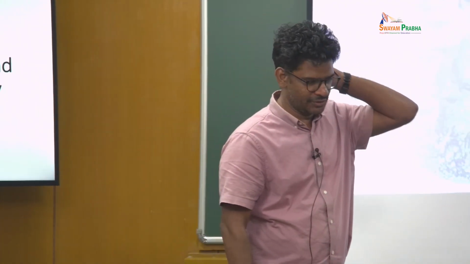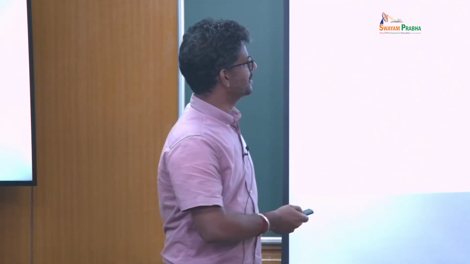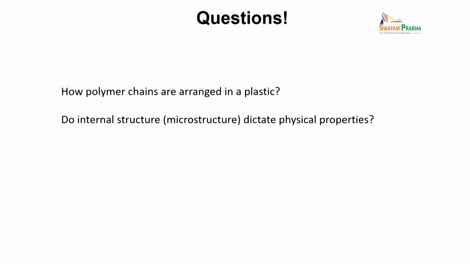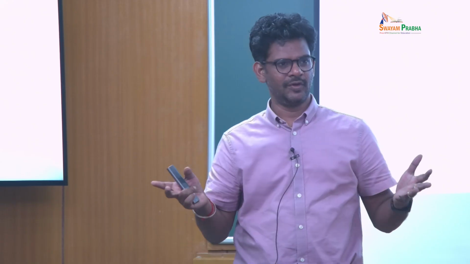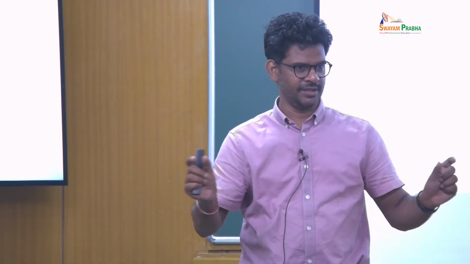So today I want to talk about polymers, microstructure and morphology. The question that we would like to ask is, when we look at polymers, what do we know about them? Polymers are nothing but long chain molecules that are formed by combining smaller units together.